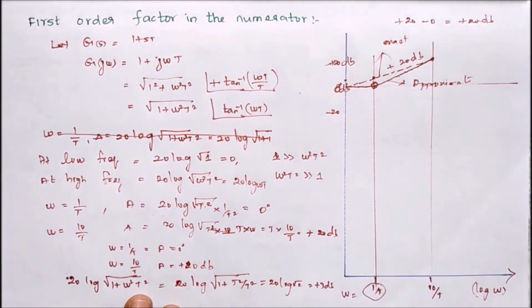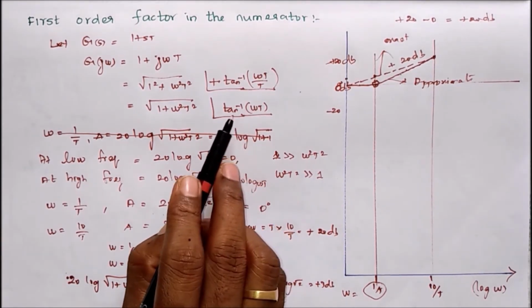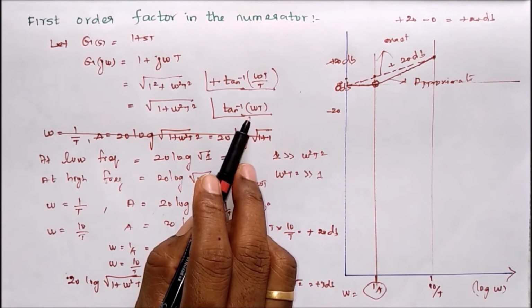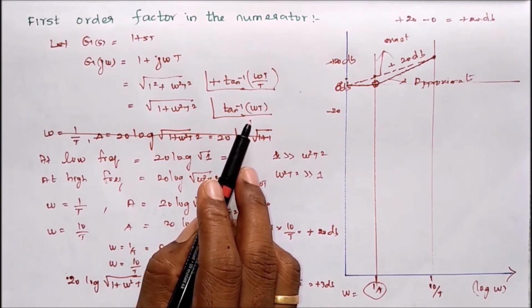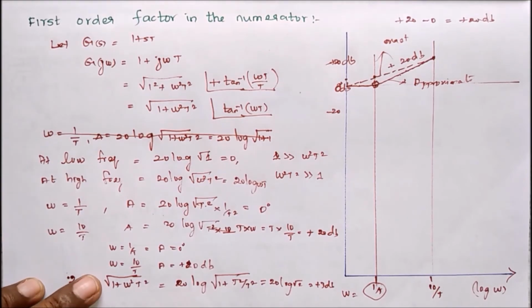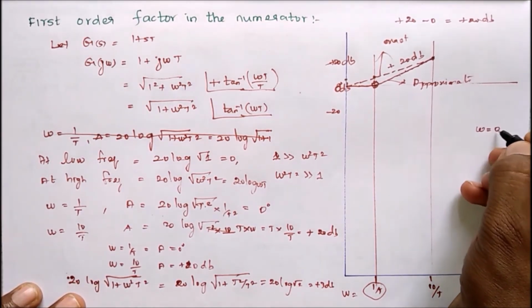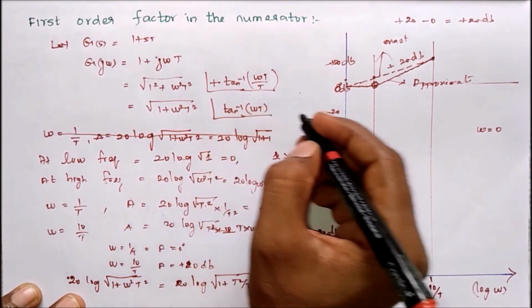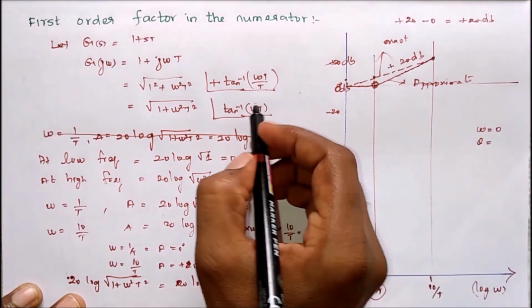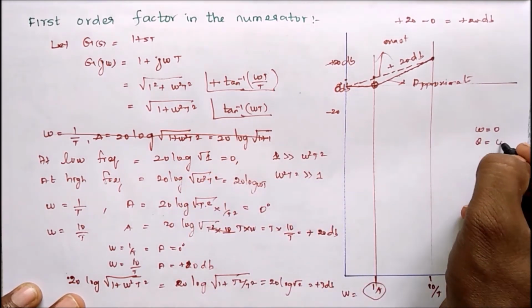Now to draw the phase plot, we have to consider omega equal to 0, then omega equal to 1 by T, then omega equal to infinity. Three angles we have to consider. When omega equals 0, theta is tan inverse of 0, equal to 0.